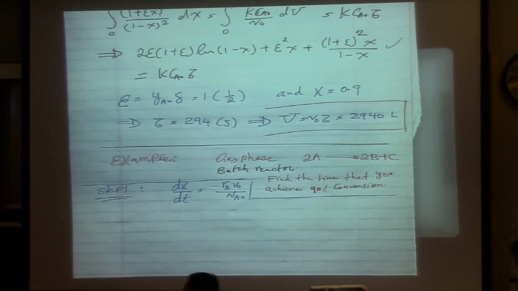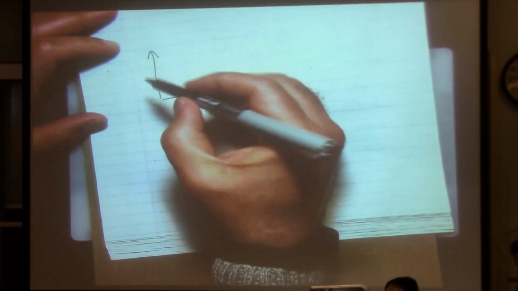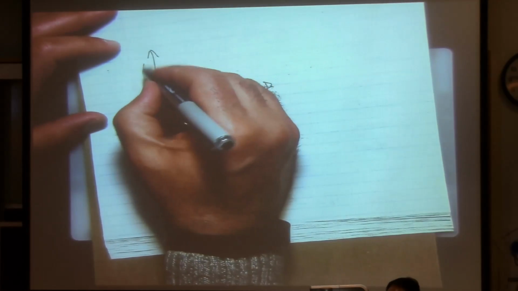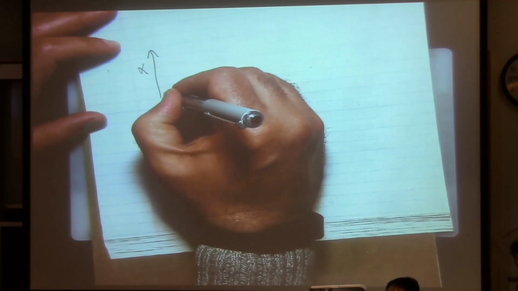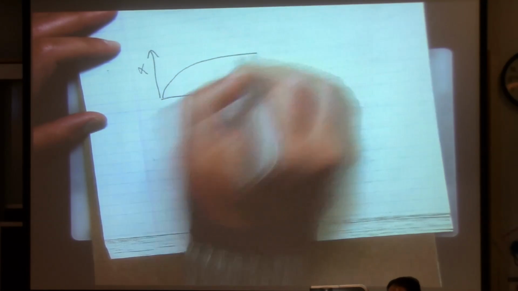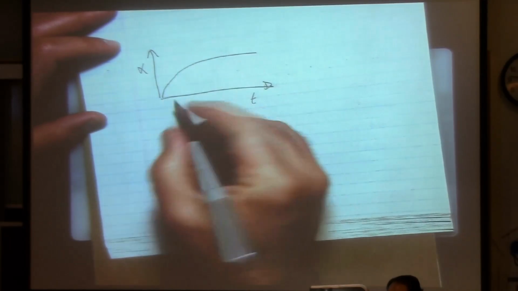Conversion increases as time passes by. In a batch reactor, if this is conversion and this is time, the conversion goes like this, generally speaking. It goes up and then levels off.